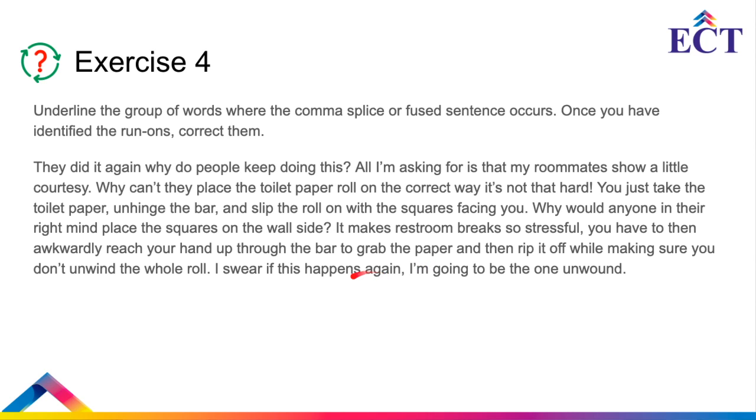So this is dependent. One is dependent on another. So we are going with comma because there is a comma coming here, right? Don't think that I swear. It's just adding more information. If this happens again, comma, I'm going to be the one unwarned. So since it's starting from a subordinating conjunction, we put a comma there. All right.